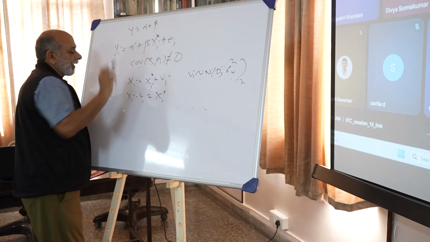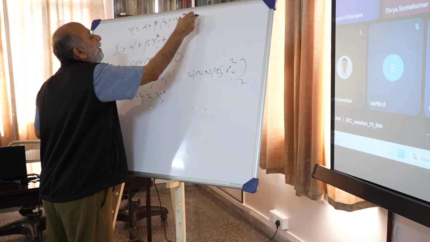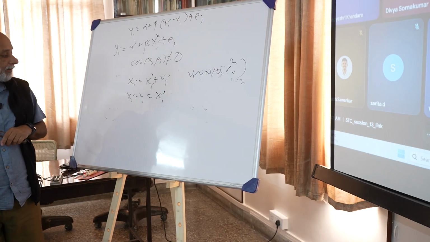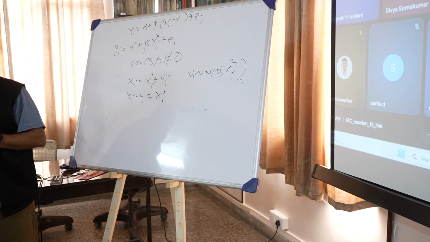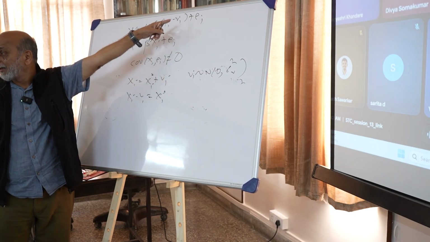Yi is alpha plus beta times (xi minus Vi) plus Ei. All that I have done is just instead of this x star, I put xi minus Vi.